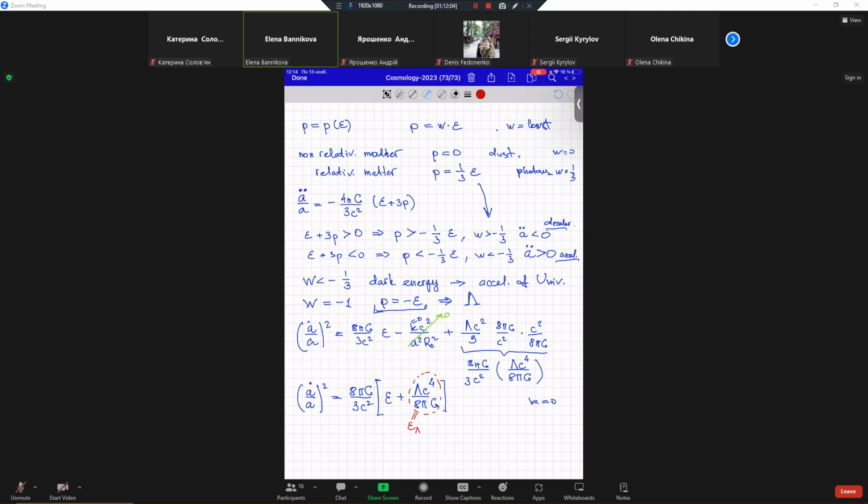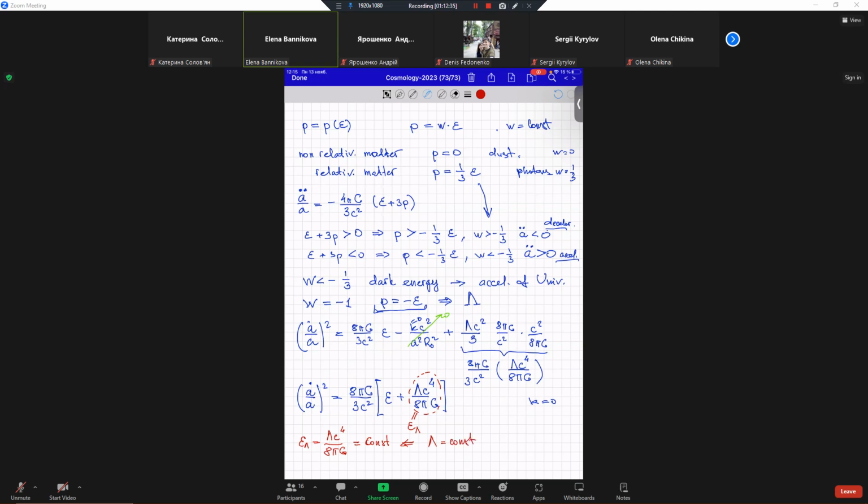So epsilon lambda equals lambda c^4 divided by 8πG. Since lambda is a constant, the energy density is also a constant, because lambda is constant.